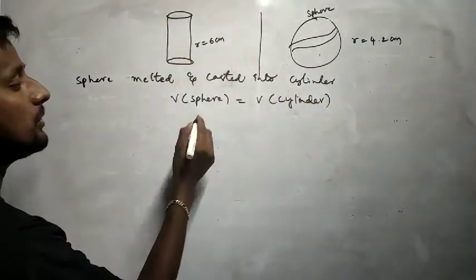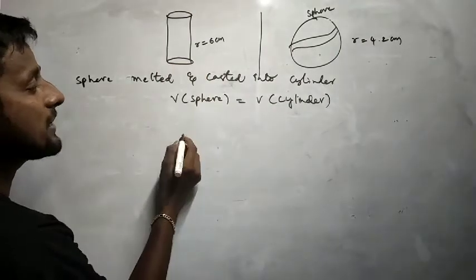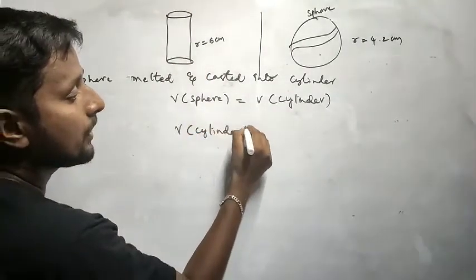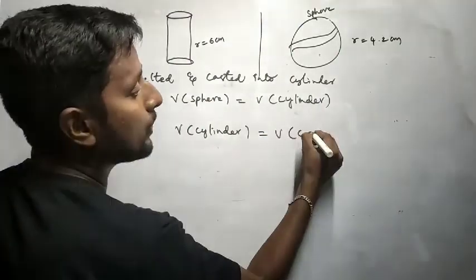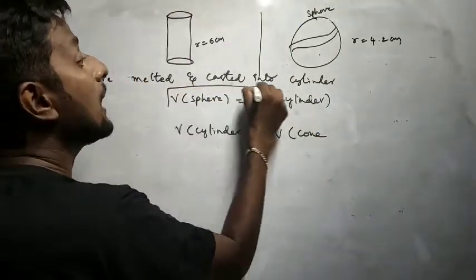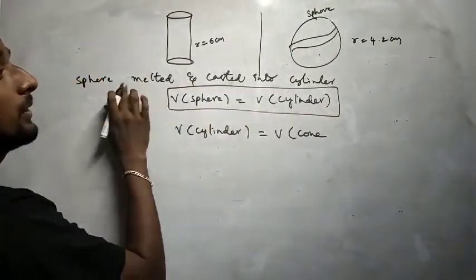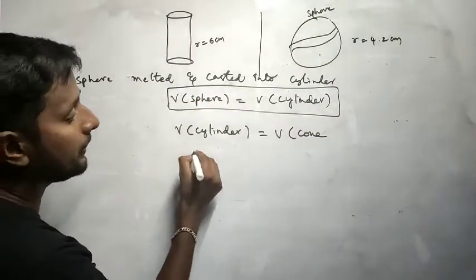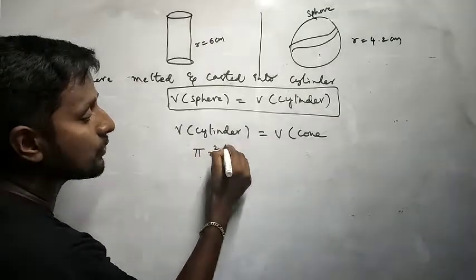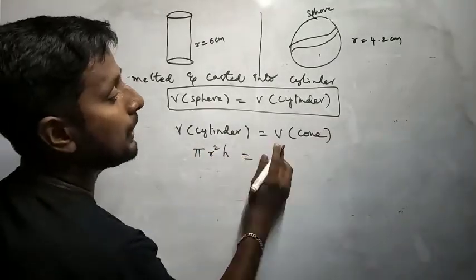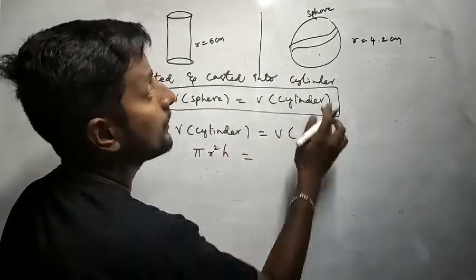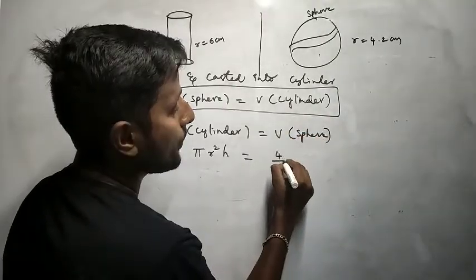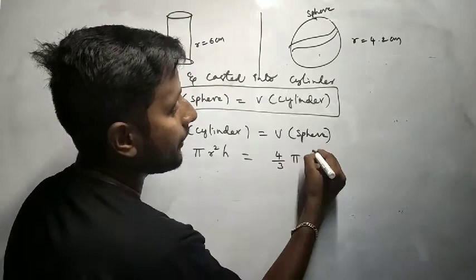So the volume of a cylinder is pi r square h, and the volume of the sphere is 4 by 3 pi r cube.